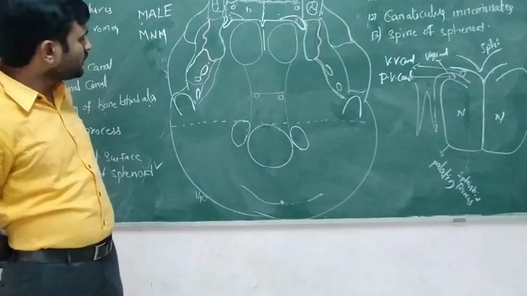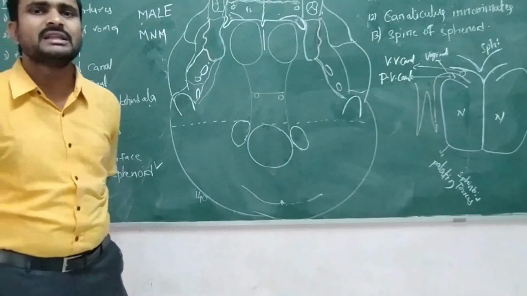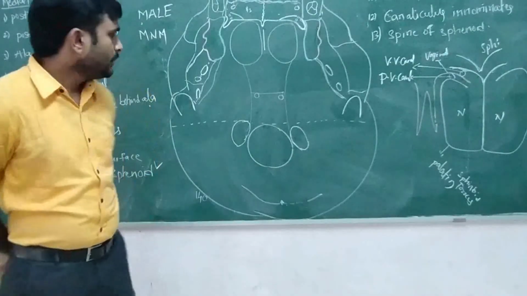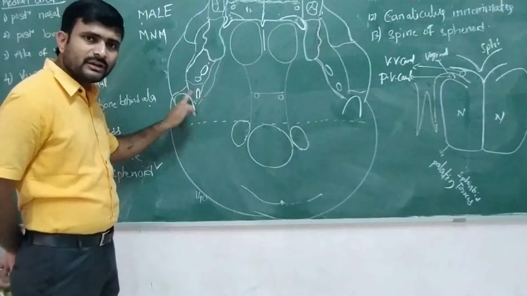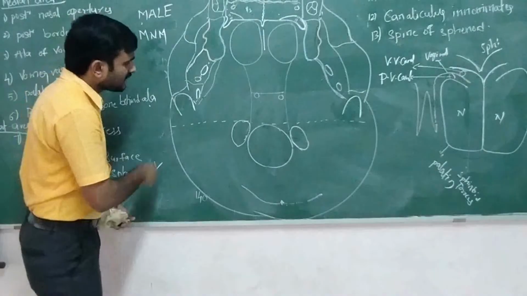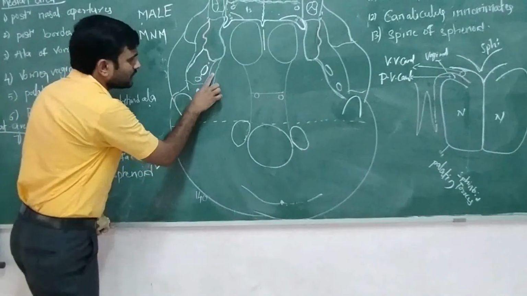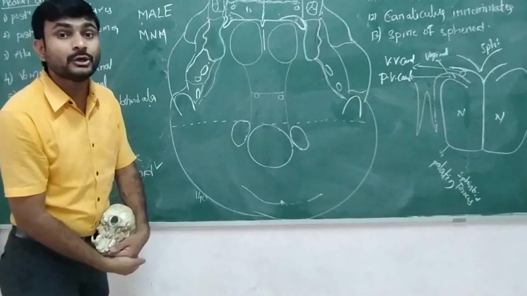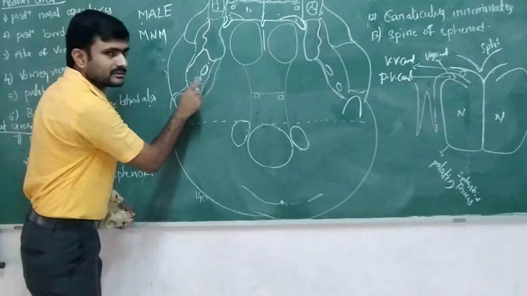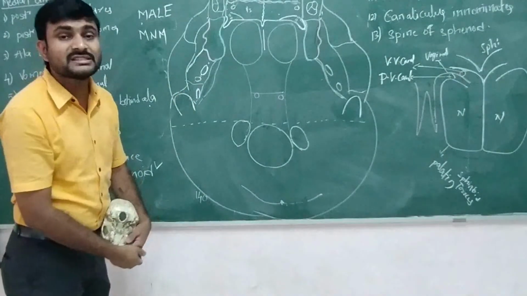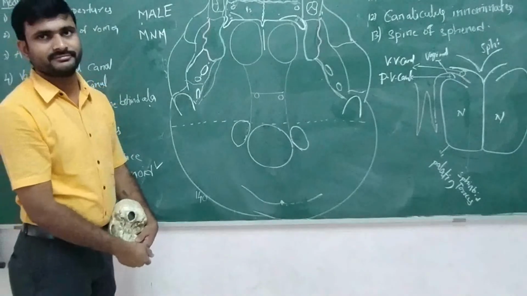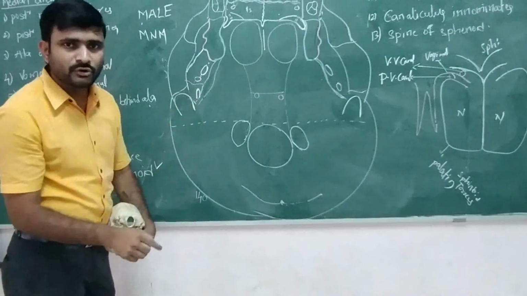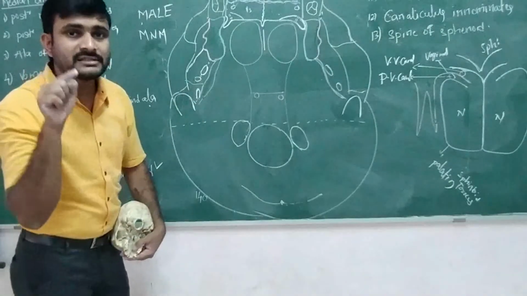Lastly, we have one bony projection, called the spine of the sphenoid. Medial to the spine of the sphenoid and lateral to it. Medial to the spine, one canal is there, the sulcus tubae.